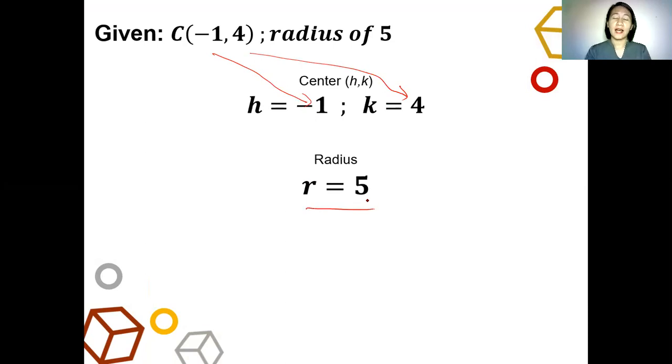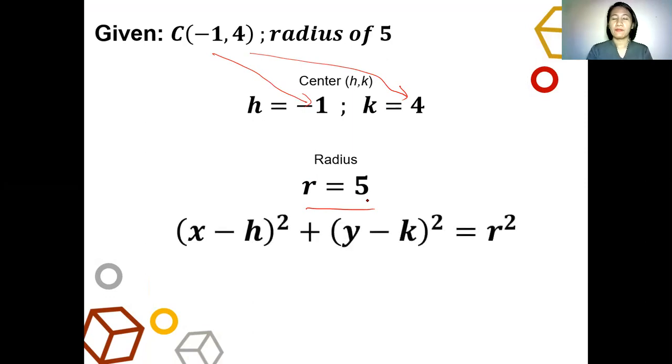Now to continue, let us identify the equation of the circle. Following the formula (x minus h) squared plus (y minus k) squared equals r squared, we just substitute h to be -1, k to be +4, and r to be 5. Simplifying, (x minus -1) squared plus (y minus 4) squared equals 5 squared.